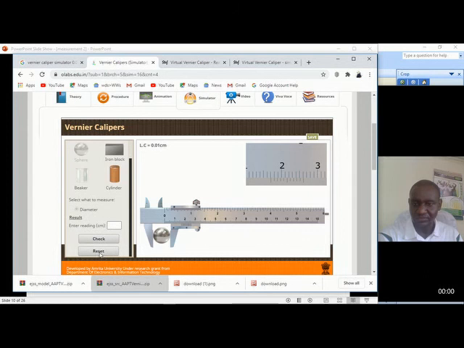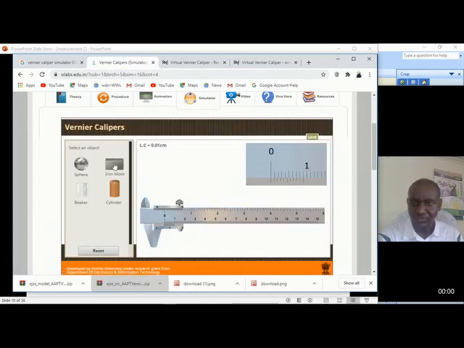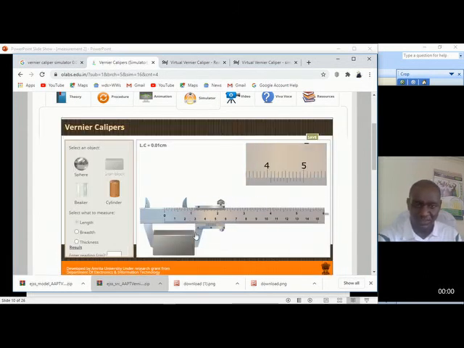Take another one. You have a block. Slide over. Then this is 4.0. 1 has not started, it is after. So 4.0. Which division coincides? Follow it slowly. 9. So 4.09.